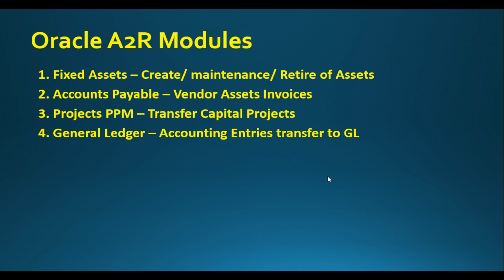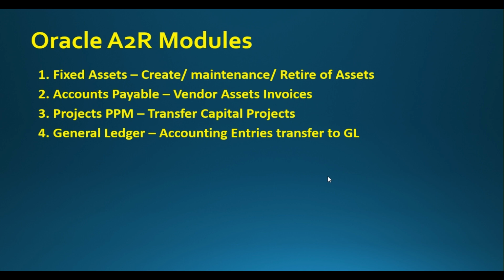We normally purchase all these assets from a vendor. Say, for example, I'm purchasing from a vendor called ABC Supply. I purchase an office table.